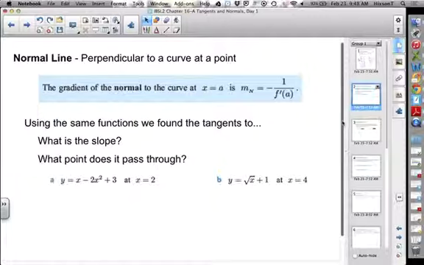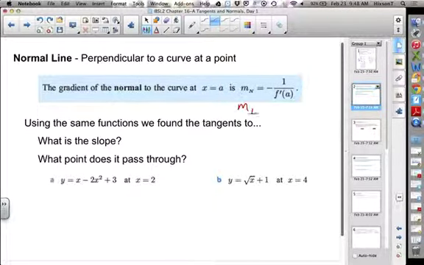Okay, let's take a look here, just so you can see it all. The normal line is the perpendicular to a curve at a point. It's perpendicular specifically to the tangent line. Okay, the gradient or slope is this m sub n. Or if you want, you can put, I'll write that sometimes, just so I remember it's perpendicular. Okay, the slope that is perpendicular to the tangent line.